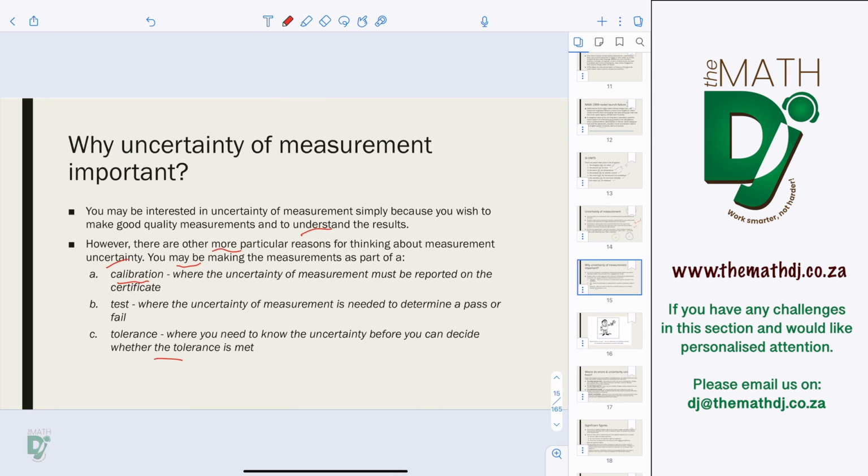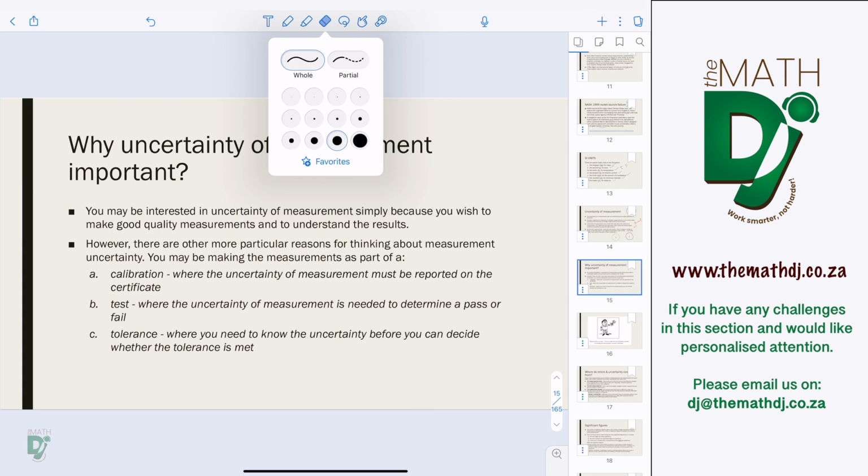Okay, let's move on. So why is uncertainty of measurement important? You may be interested in uncertainty simply because you wish to make good quality measurements and to understand the results. However, there are other more particular reasons for thinking about measurement uncertainty.